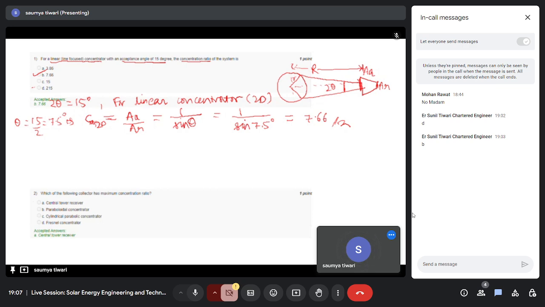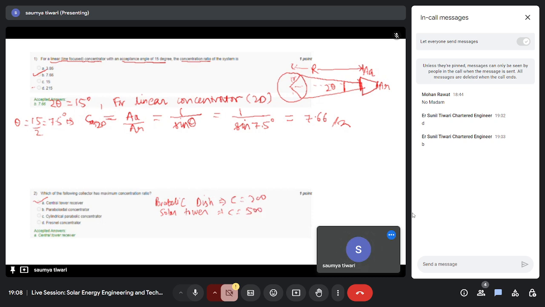If you remember, the values for the parabolic dish concentration ratio was around 200, and for the solar tower it was around 500, right?